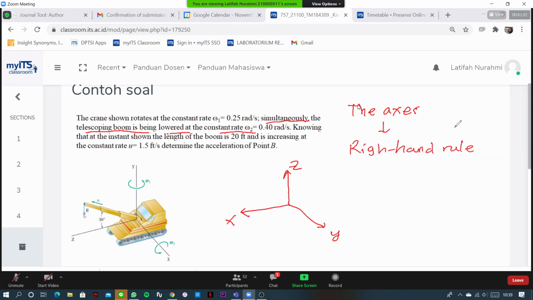If you draw X and Y, then the Z axis will not be pointing downward. This is wrong. This is left hand rule. We are all using right hand rule. Okay, so it means if you rotate like this to the right, you will produce Z axis upward. So this is right hand rule.